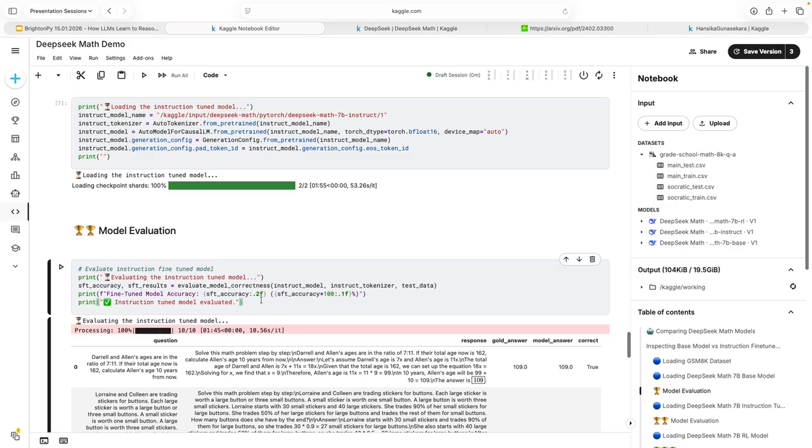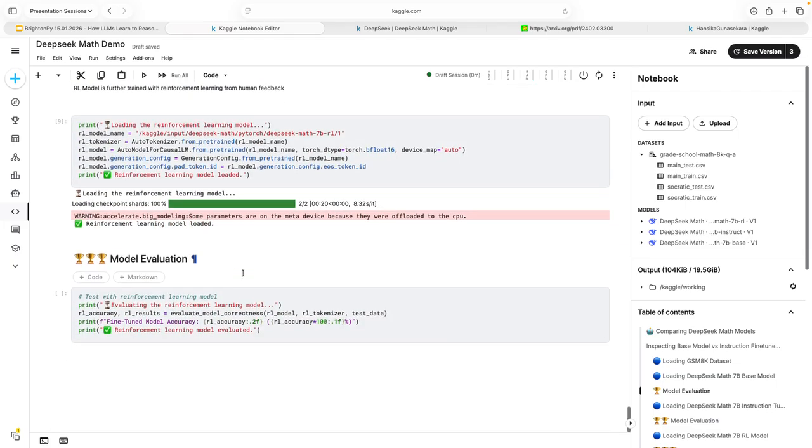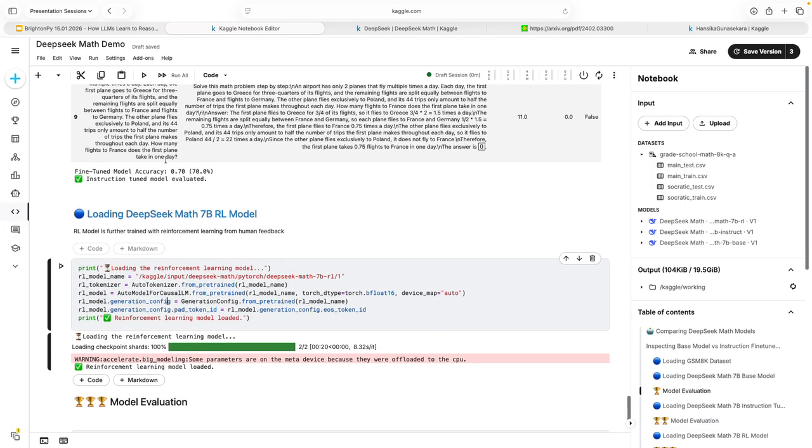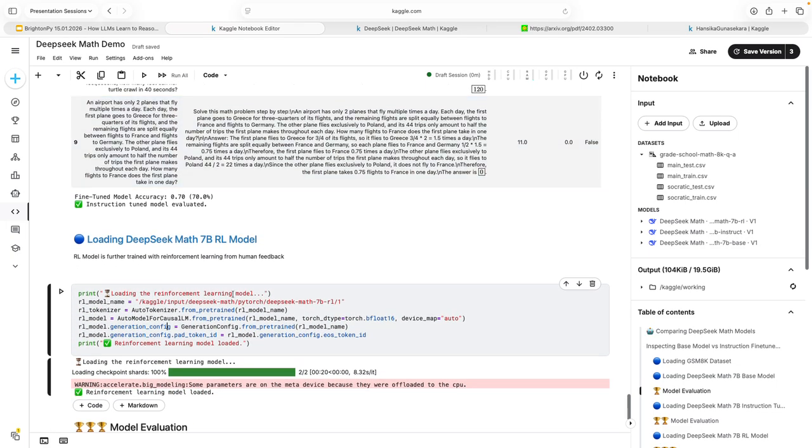After instantiating the helper functions and package import, I will again try to load this reinforcement learning model.